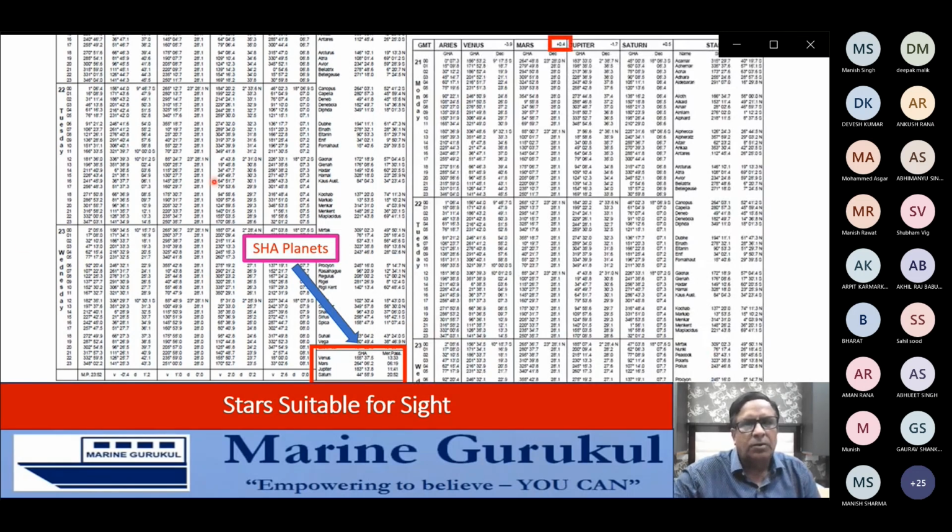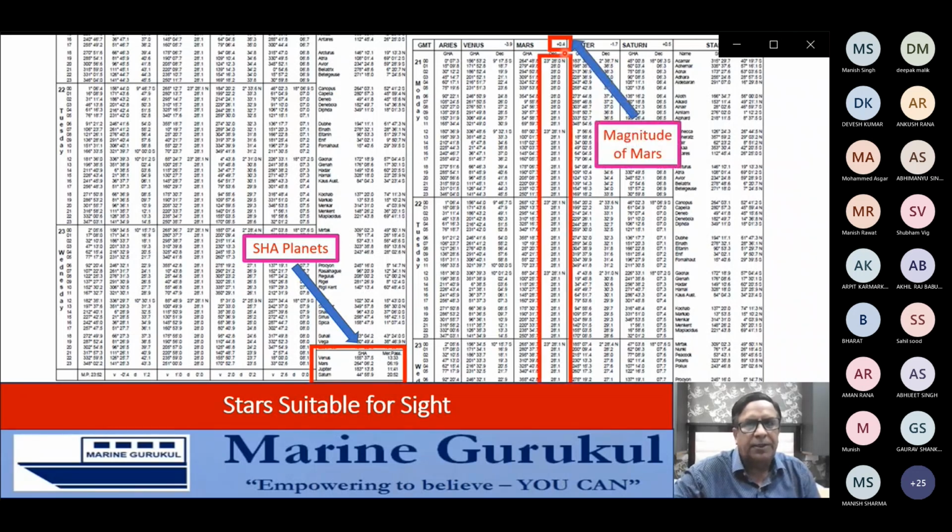Now, if we go to the same table on top, here against Mars, we find its magnitude, it's minus 0.4. So this is from where we picked up the magnitude of Mars. This is the column for declination of Mars. So the SHA of Mars was seen from here, its magnitude from here, and declination from here.